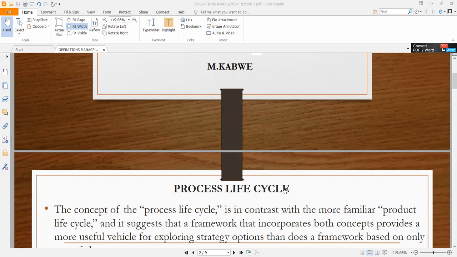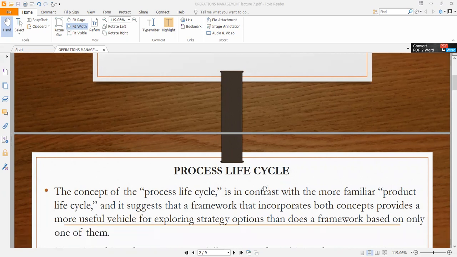However, today we're going to dig a bit more and see other components that are connected to this topic.